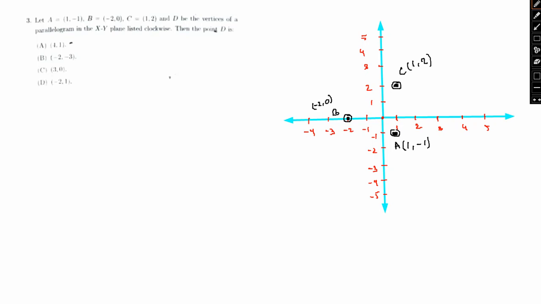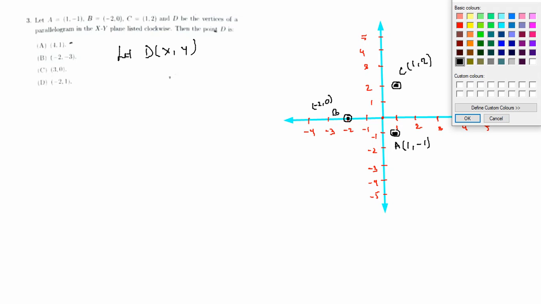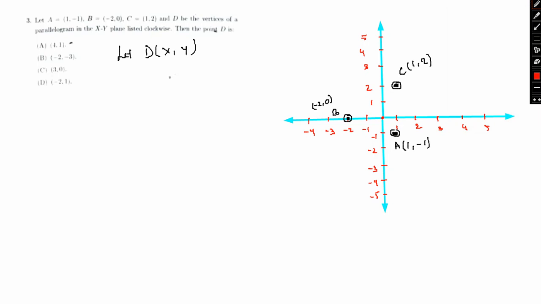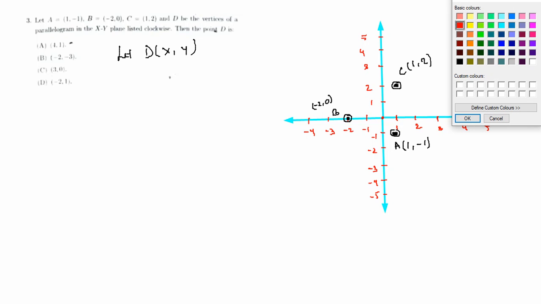So now what we have over here is basically a parallelogram. Let the D coordinate be (x, y). Let me join these lines, using a different color.